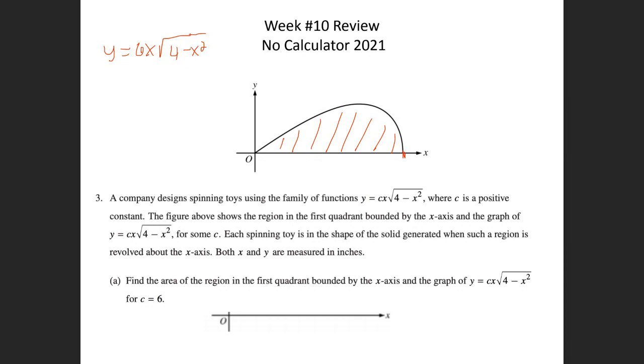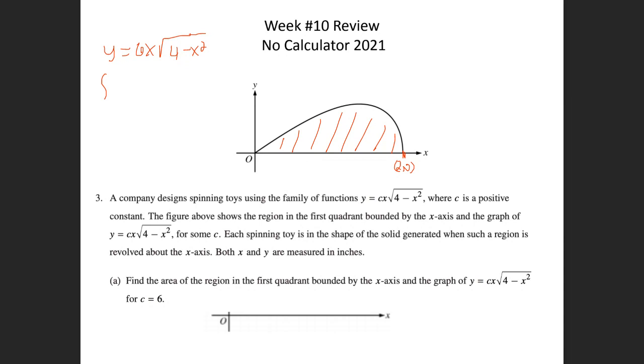So this value here must be 2 comma 0. So I had to think about that, figure out, okay, I need it to equal 0, and that is either the 6x equals 0 or the 4 minus x squared is equal to 0. And if x is equal to 2, that would make this whole thing equal to 0. So now I have my value.